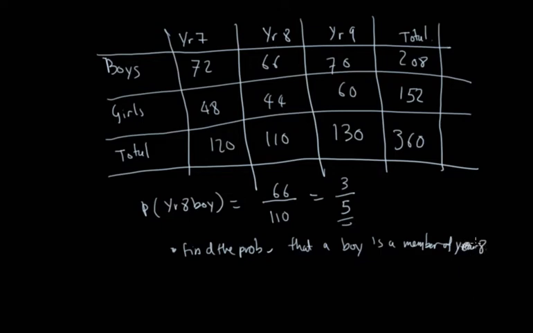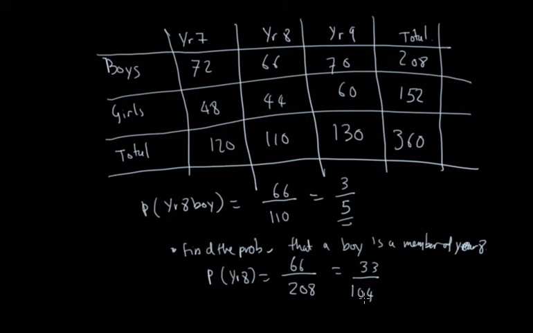So we need to think that a randomly chosen boy is in year 8. Here's the row for the boys in the school, and there's 208 boys, and we want to pick one of these boys at random, and what's the probability of being year 8? There's 66 boys in year 8. Again, we can simplify this down to be 33 over 104.